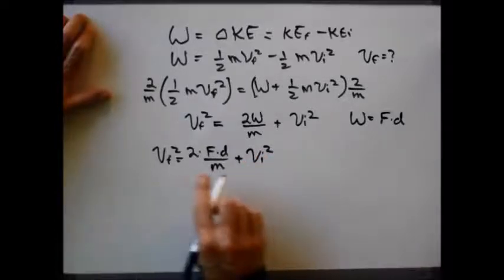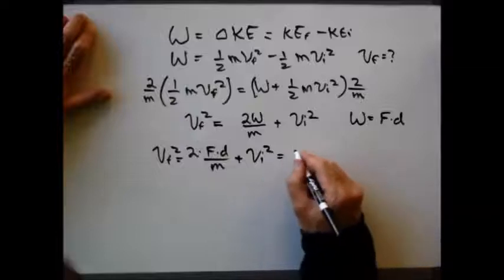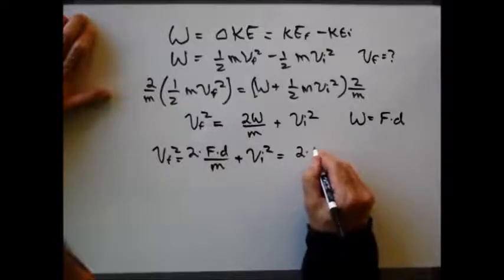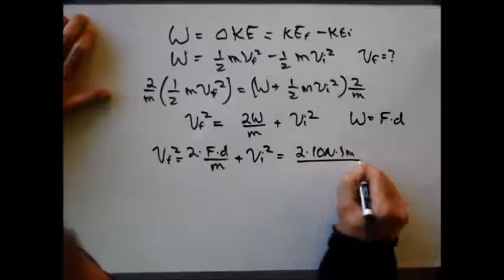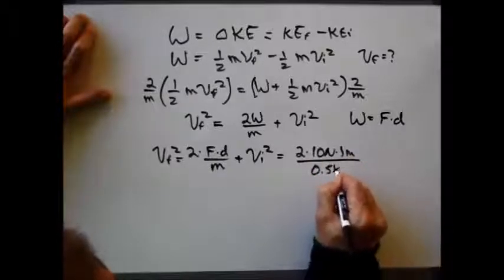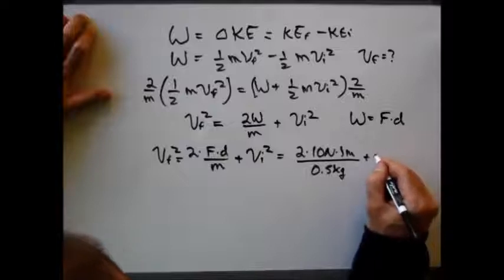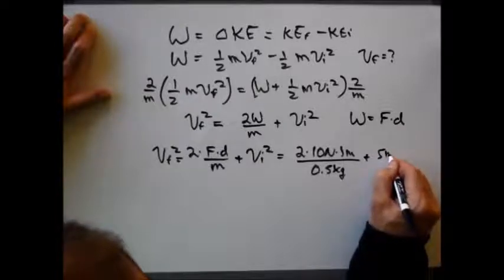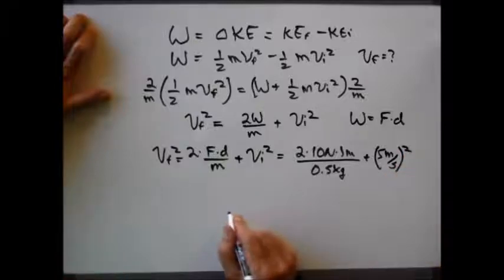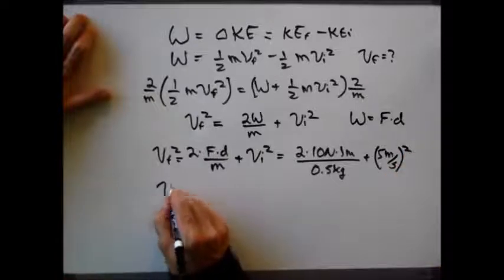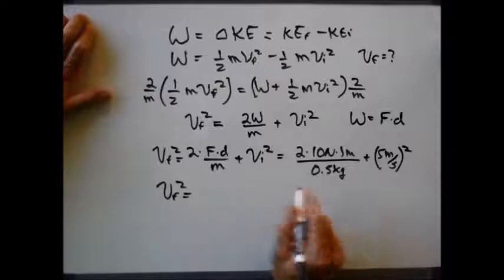Well, on the right-hand side, we have all of these numbers. This becomes 2 times 10 newtons times 1 meter divided by 0.5 kilograms plus 5 meters per second squared.